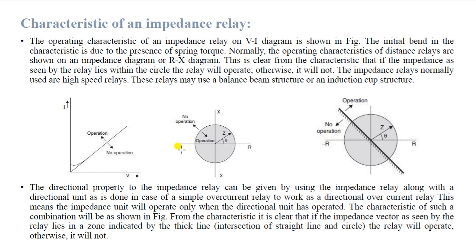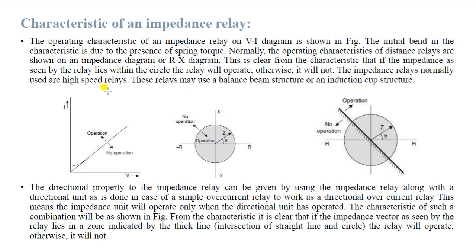Along the x-axis we have considered the resistance, along the y-axis we have considered the reactance value, and that is our RX diagram characteristics of the impedance relay. If the line impedance under fault condition lies within this circle, then the relay operates. If the impedance value lies outside the circle, then the relay should not operate.